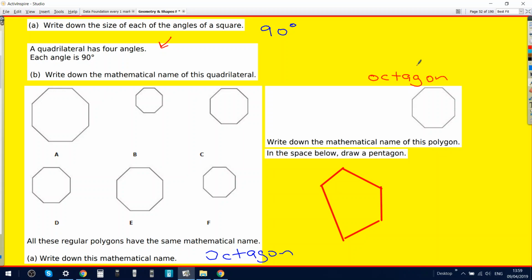What's the name of that shape? It's not a hexagon, is it? Hexagon would have 6 angles. This has 4. What's the name of a shape with 4 angles, all right angles? A square? Square is correct. Yeah, rectangle would have been fine as well.